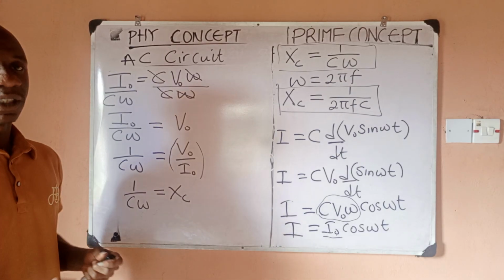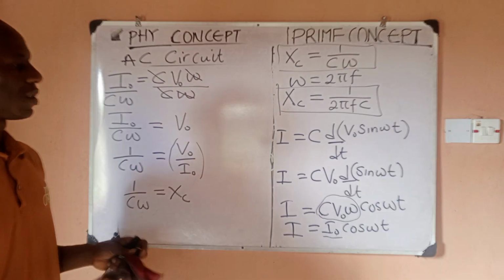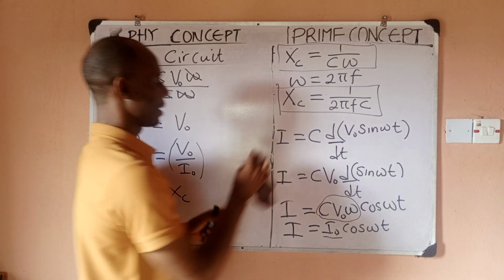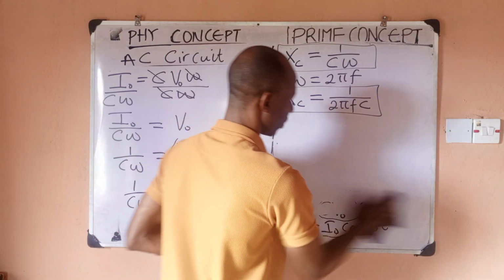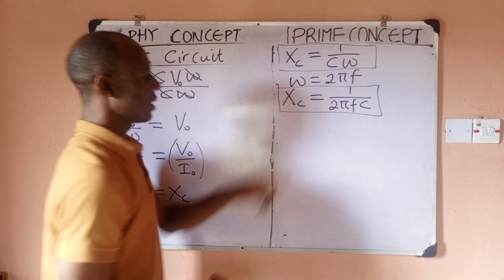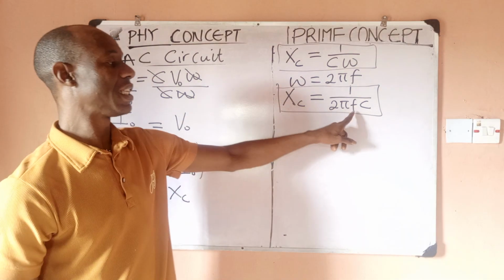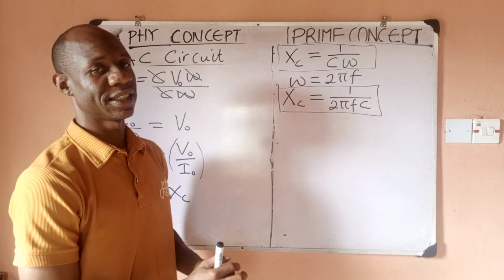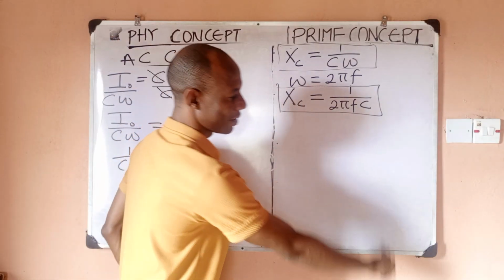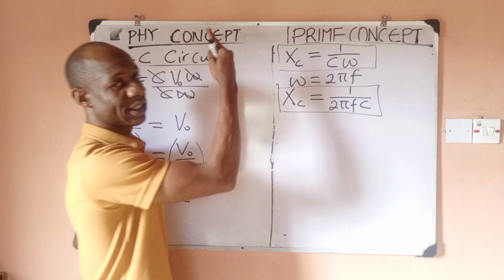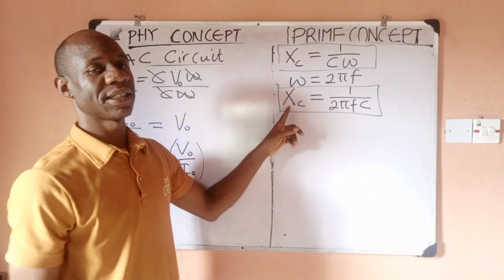Now, what are the points we need to know about the capacitive reactance? Very quickly, you would see from the relationship that the capacitive reactance is inversely related to frequency. So which simply means that when you decrease the frequency, you would increase the what? Reactance, the capacitive reactance.